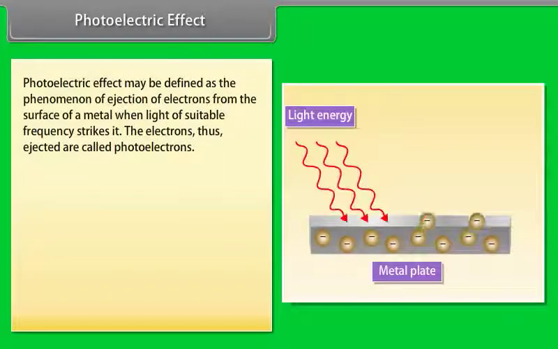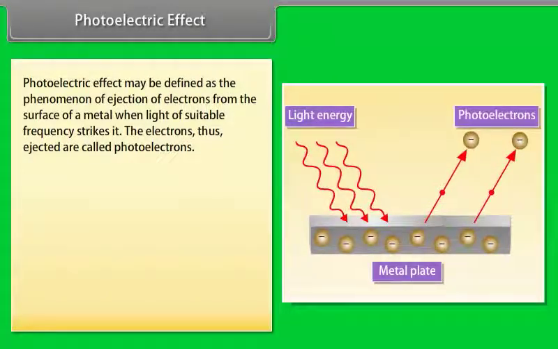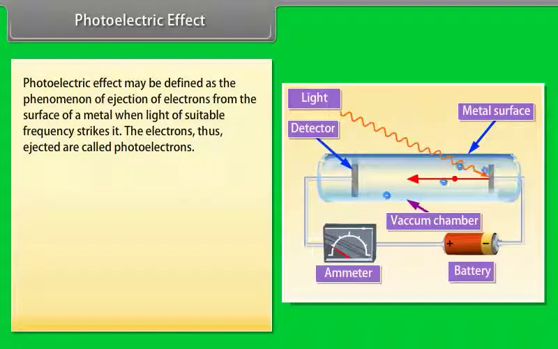Photoelectric effect. Photoelectric effect may be defined as the phenomenon of ejection of electrons from the surface of a metal when light of suitable frequency strikes it. The electrons thus ejected are called photoelectrons. When light of particular frequency strikes the metal surface, electrons are ejected, which are detected by the detector.